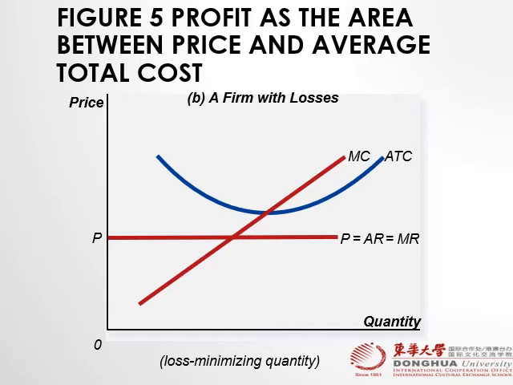Max quantity is where MC is equal to MR. So that point, the price is on the price curve here. So this is the price, right, and this is the cost. So the shaded area is going to be here. This one is called loss.